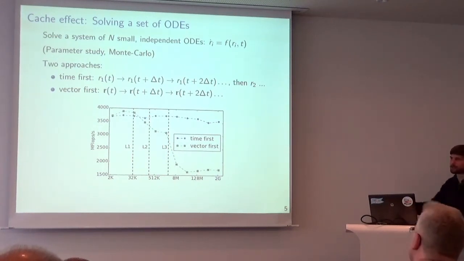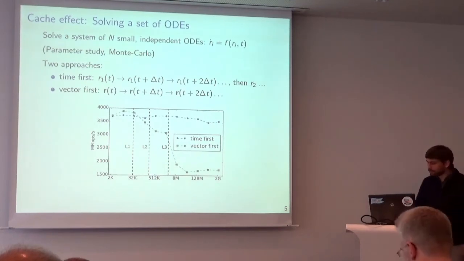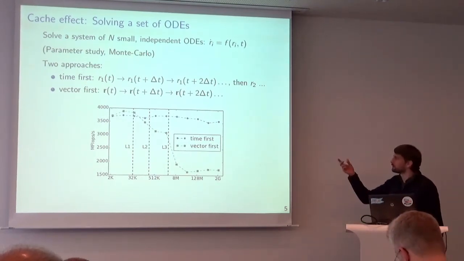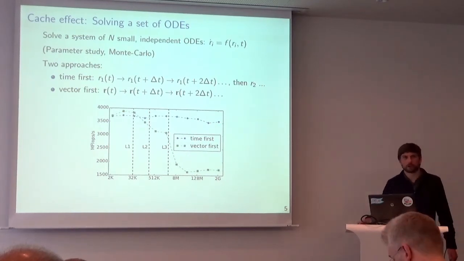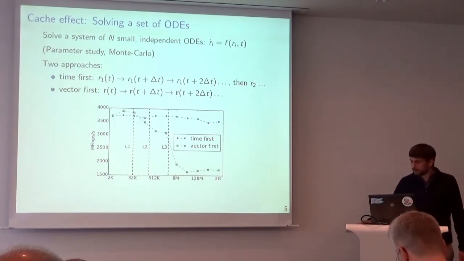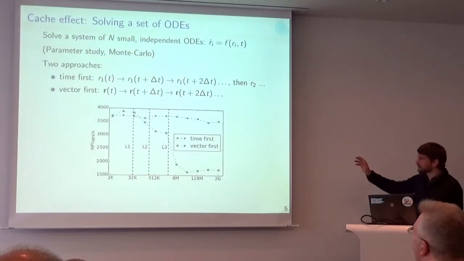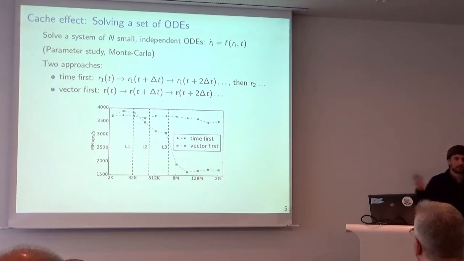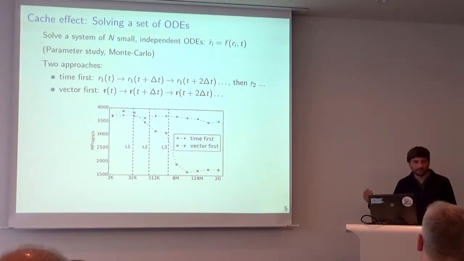Okay, so if my system is too big to fit into cache, then I have to pay a huge price if I do the vector-first approach, because I'm essentially looking into main memory all the time. So, lesson learned here is do the time-first approach. Pretty easy. Just get things into cache, work on it as long as possible, then throw it out, and only then look at the next thing.